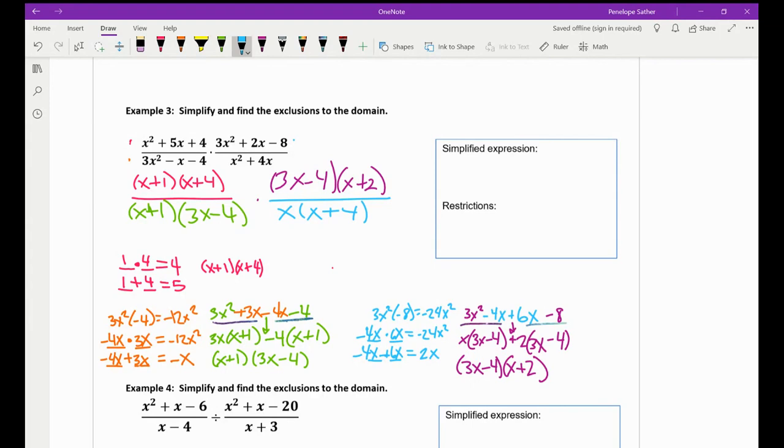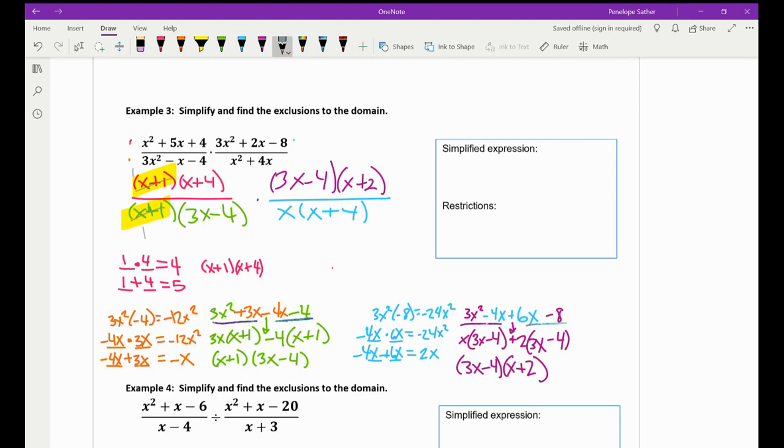And now we've made it to the fun part where we get to cancel things. So first things that I notice over on the left of the problem, you've got an x plus 1 and an x plus 1. So I can cancel both of those out. And when I do that, those both turn into positive 1s.